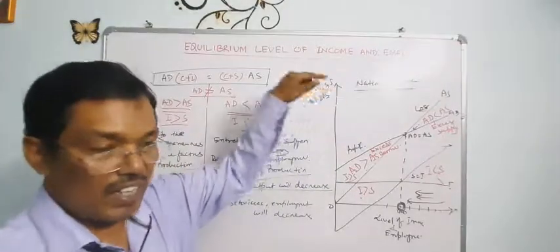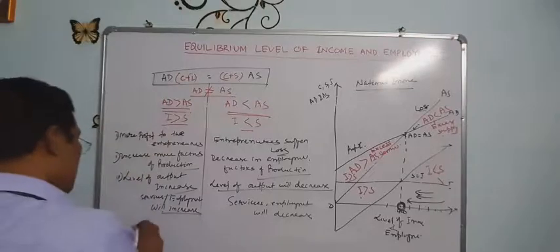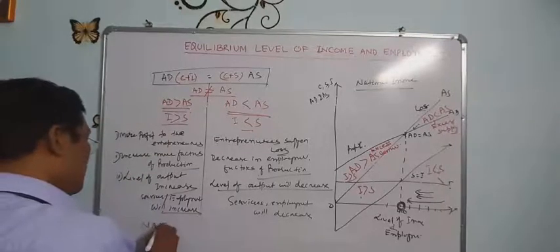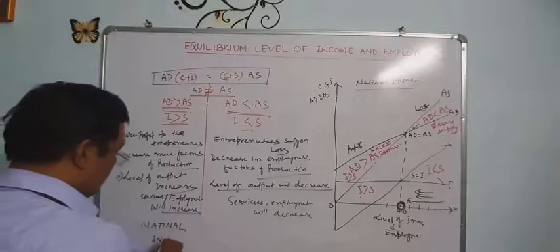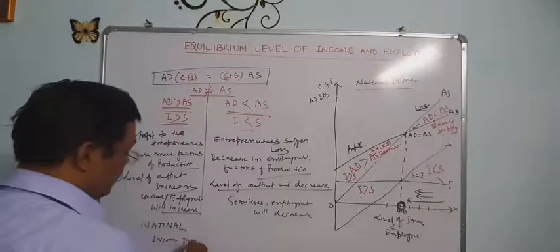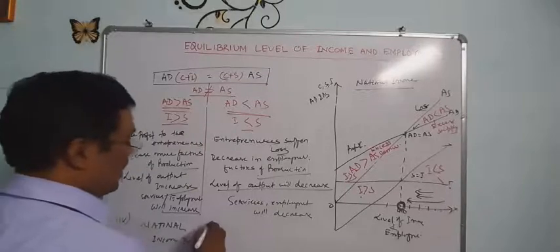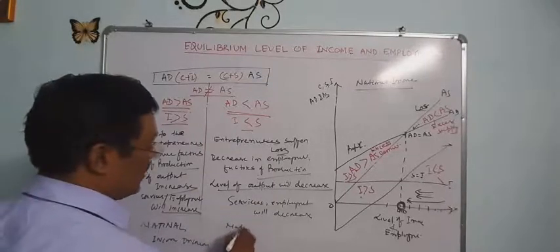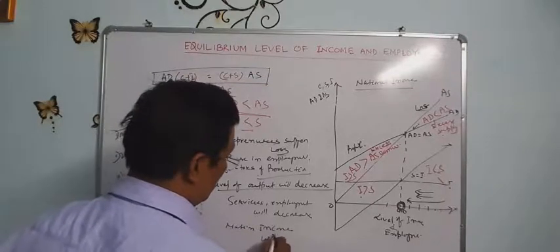So when AD is greater than AS, national income will increase. This is the fourth point. Or here national income will decrease.